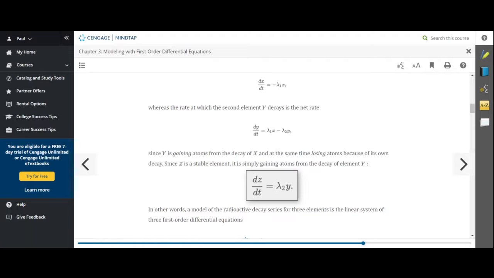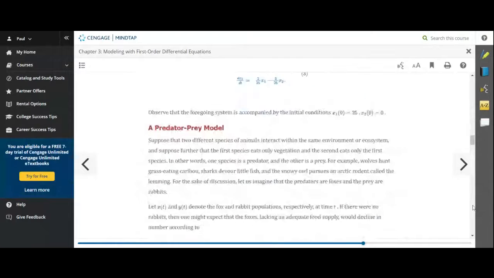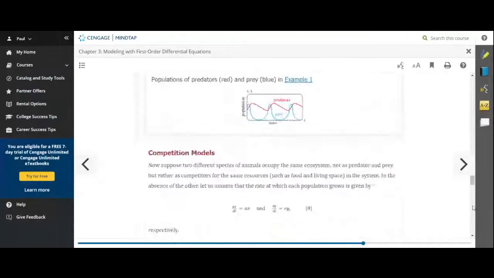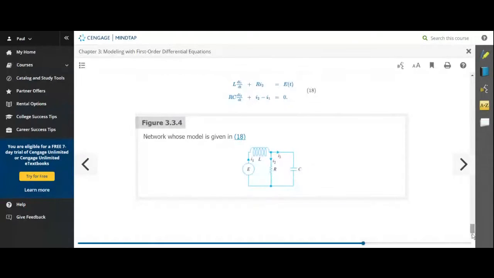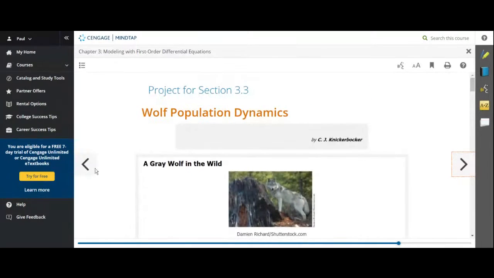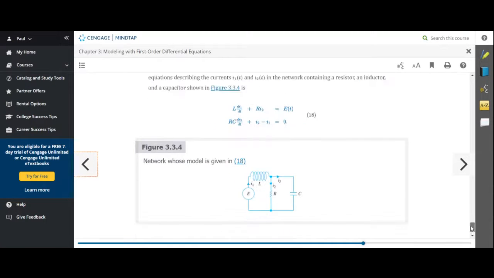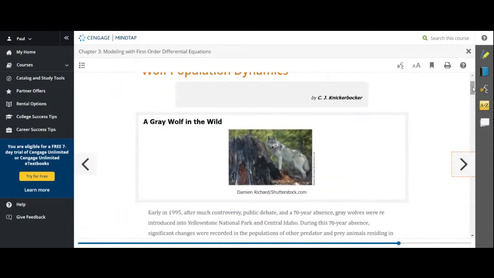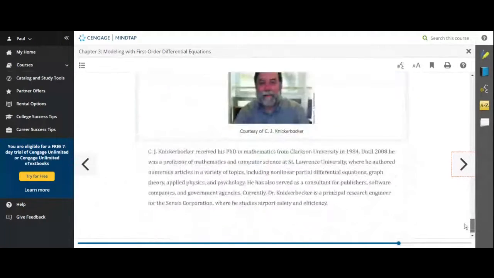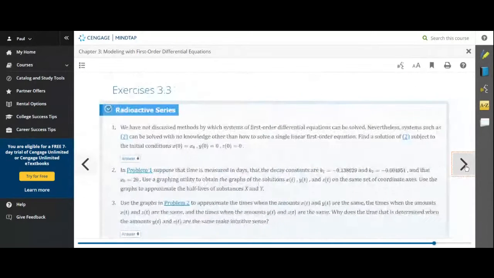So what I want to do here is first of all go right to an example. I'm going to get it right from the book. Let's see, it's in the exercises, so I'm looking for the exercises.